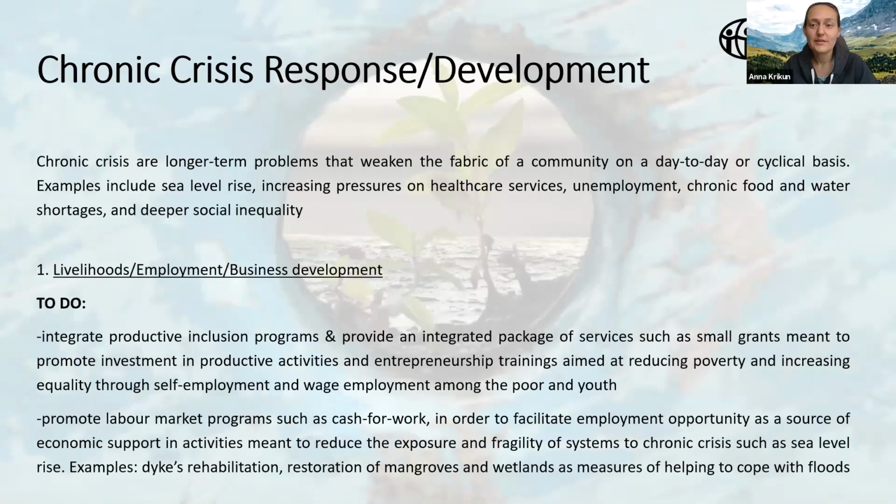Now we're going to look at the development, at our chronic crisis response. One of the important aspects here is the livelihoods, employment, and business development. We suggest to support the productive inclusion programs through small grants, through investment into the businesses, basically making people self-employed and self-sufficient through their livelihoods.